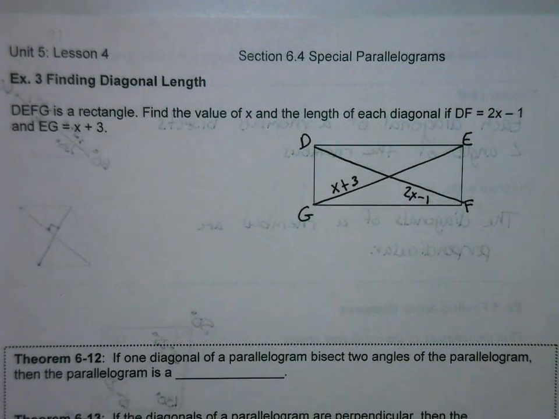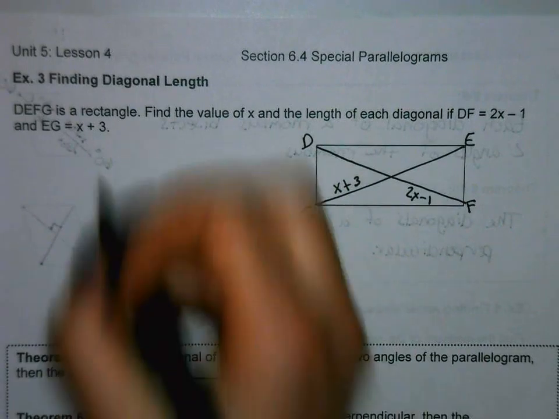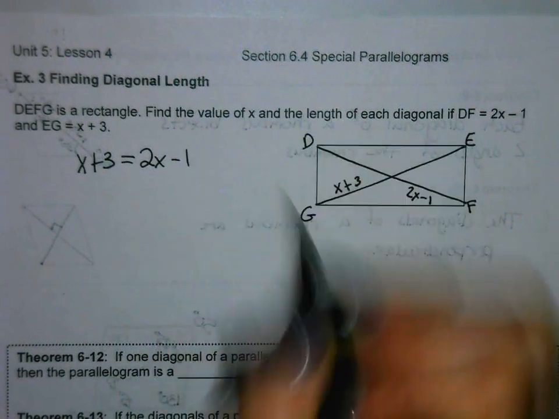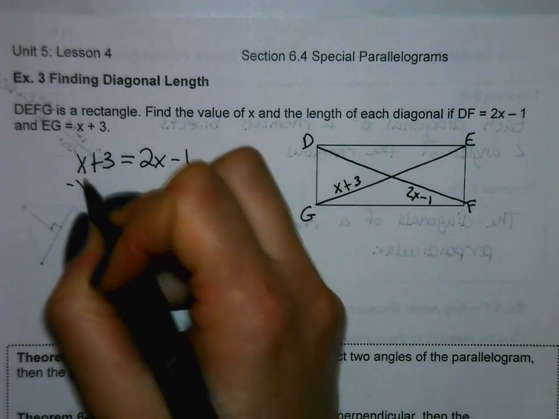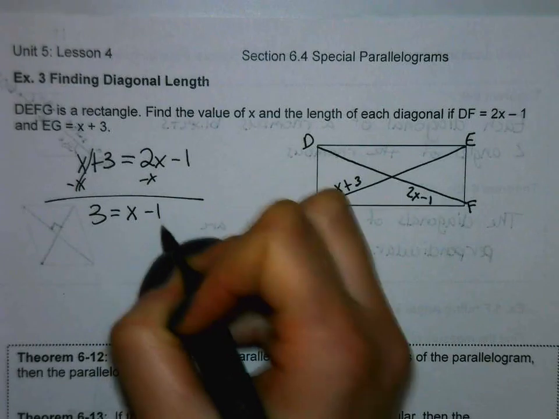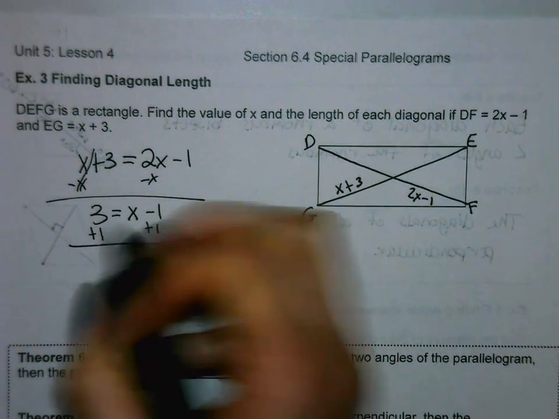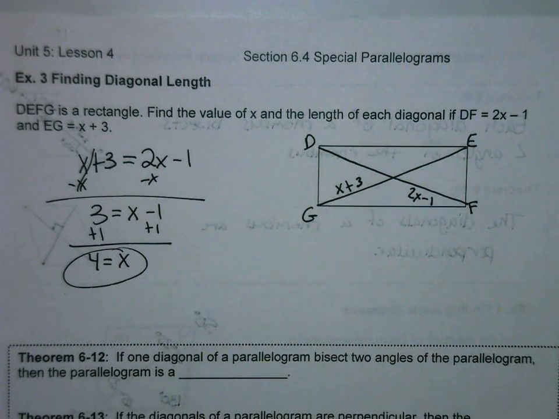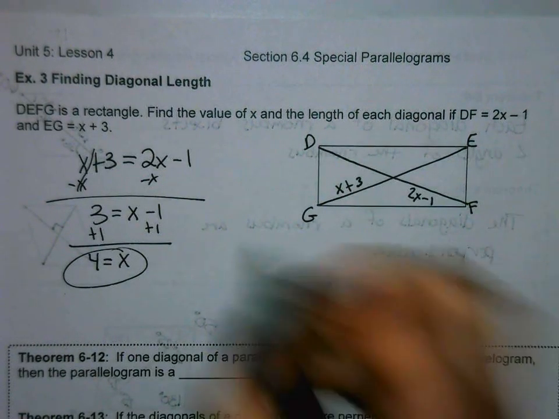So based off of theorem 6.11, we know that our diagonals are congruent in a rectangle. So we know that x plus 3 equals 2x minus 1. So I can subtract x. 3 equals x minus 1. Add 1. 4 equals x. Now that we know x, we can find the length of each diagonal.